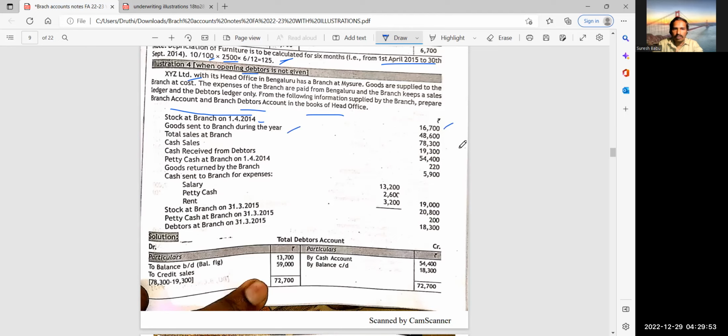Goods sent to branch during the year 48,600. Total sales, two types of sales you will find. Okay. One is cash sales, total sales 78,300, cash received from debtors 54,400.